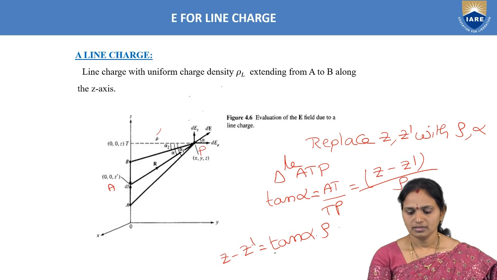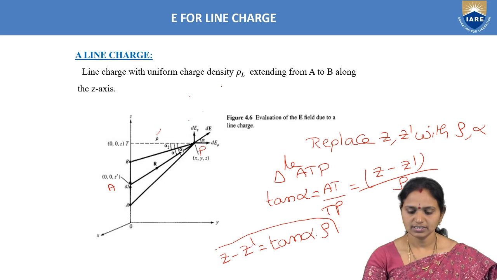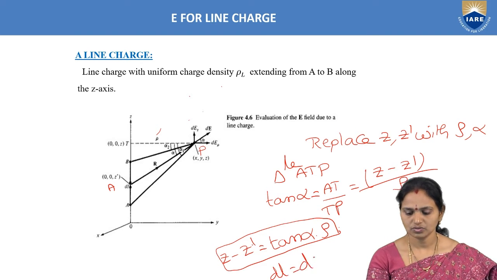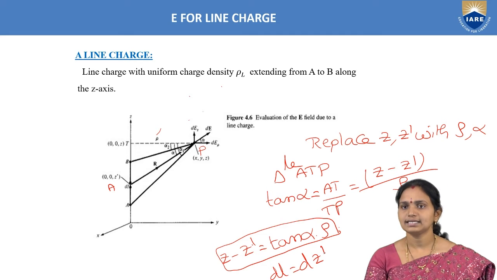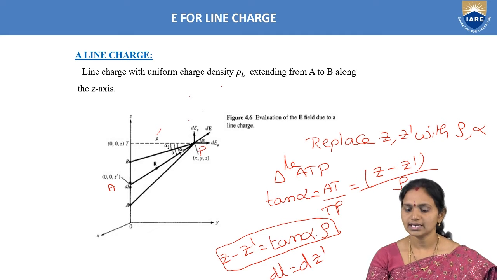We need this z minus z dash, and we also need dl, which is dz dash. So to calculate dz dash, I am looking for the z dash value.